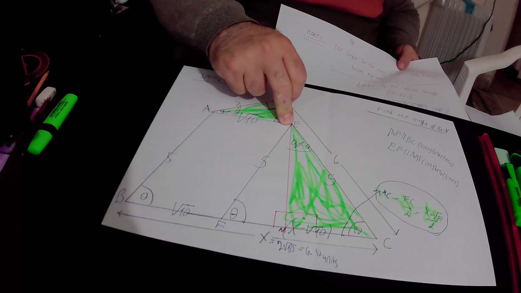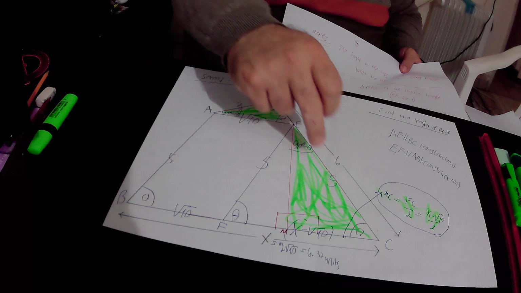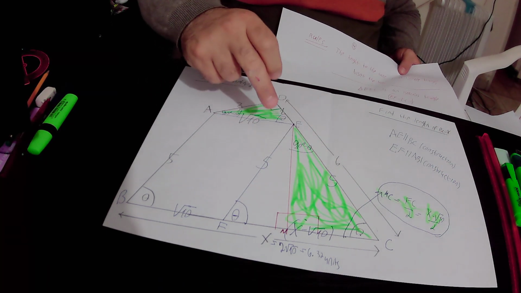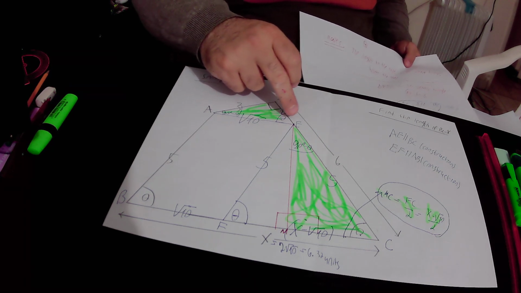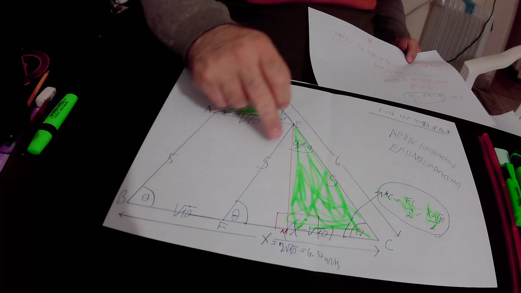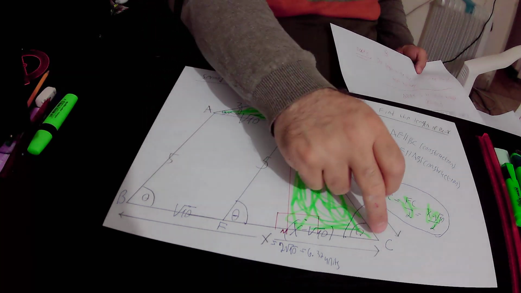From point E, we drew a perpendicular on BC, so EM is perpendicular to FC also. So the height to the base FC in this isosceles triangle FEC is EM.